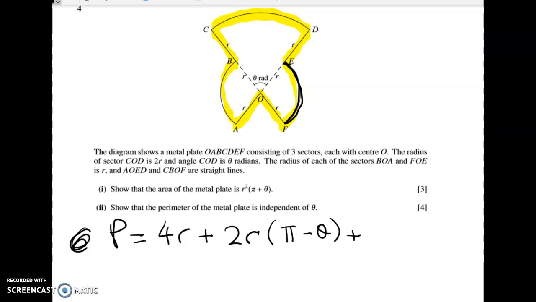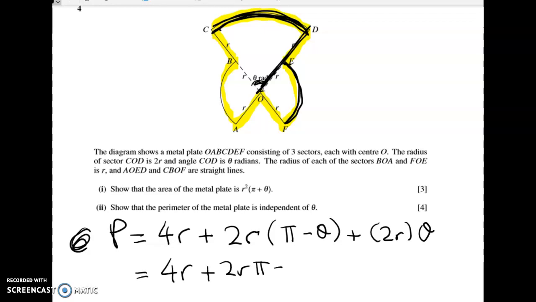And then we've got one big one, so this arc length is subtended by an angle of theta, but the radius is 2r. So it's going to be r, the radius, which is 2r, times theta. So if we put all that together, we get 4r plus 2r(pi minus theta), that's 2r pi minus 2r theta, plus 2r theta.